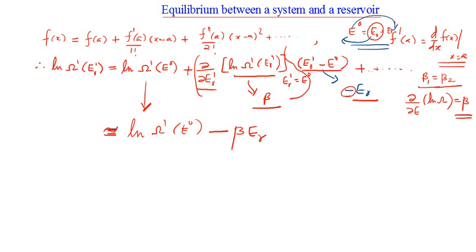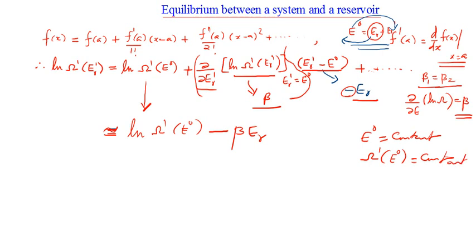That's right. Now just think of what is log of omega prime of E naught. You know, E naught is a constant, right? E naught is the total energy of the system plus reservoir. E naught is equal to a constant, so omega prime of E naught will also be a constant. What is varying is omega prime of Er or omega prime of Er prime.